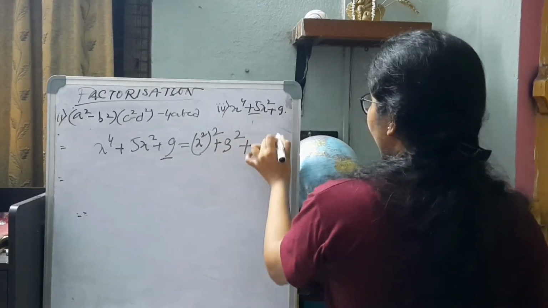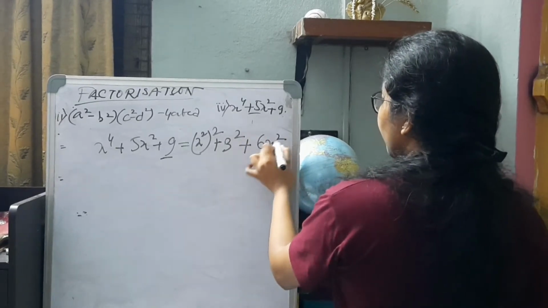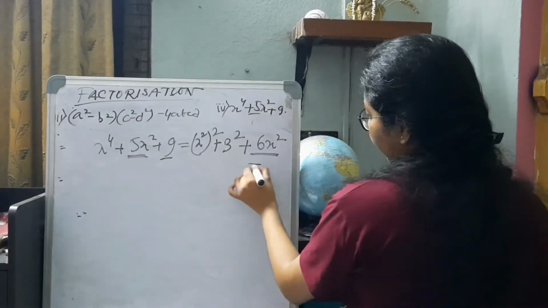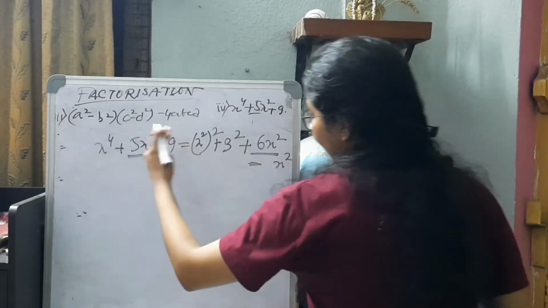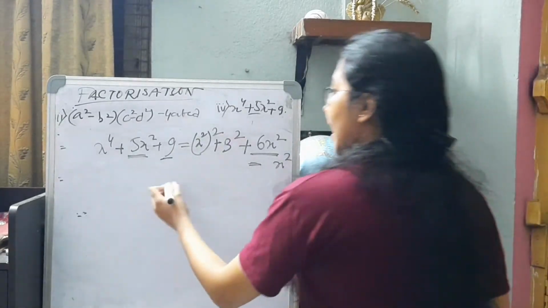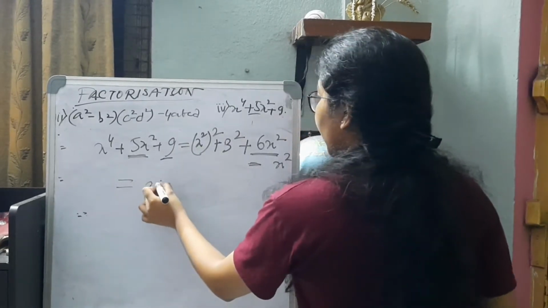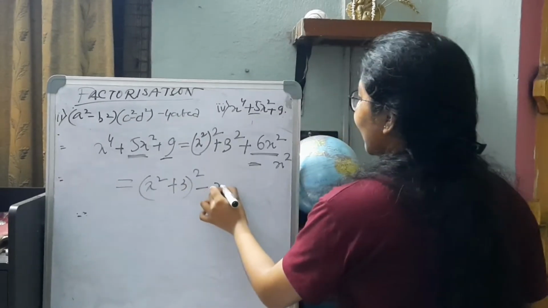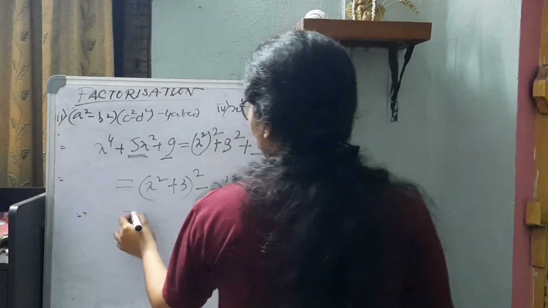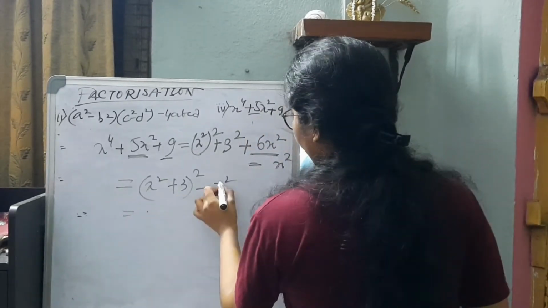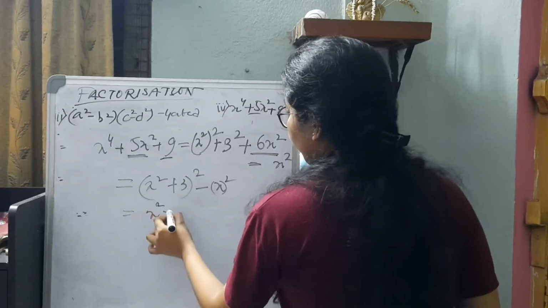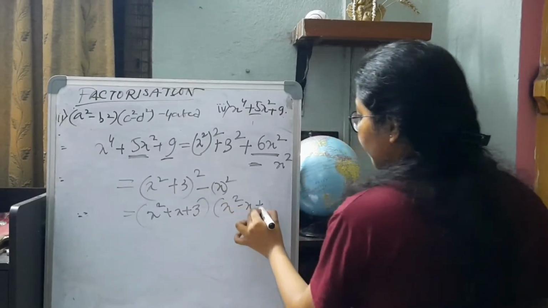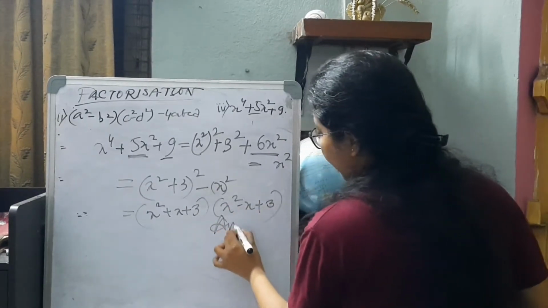So the 2ab part then becomes 6x square. But for the adjustment purpose, because on this side we have 5x square, we have to subtract 1x square so that LHS is equal to RHS. Hence, the answer is x square plus 3 whole square minus x square. So, we can easily find out that it is now in the form of difference of two squares, that is a plus b into a minus b form, and the question is done.